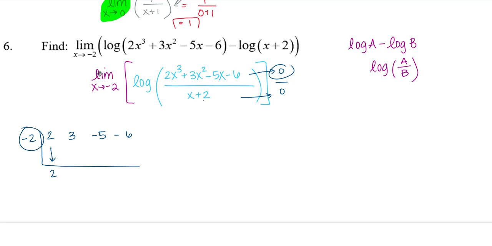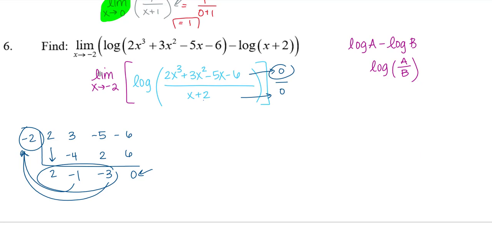This is my multiplier, so 2 times -2 is -4, add down, multiplier, so 2, add down, multiplier, -3 times -2 is +6, add down. You should have gotten 0, right, because that's the remainder, but this is what's going to be left over.